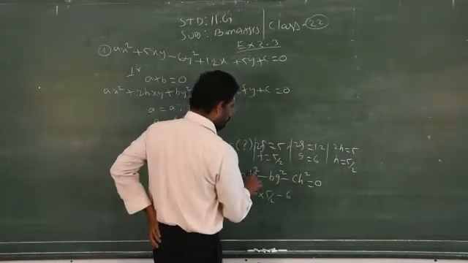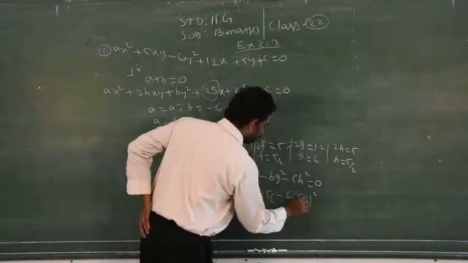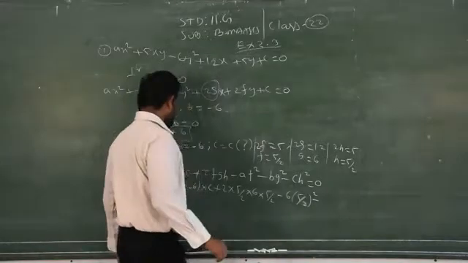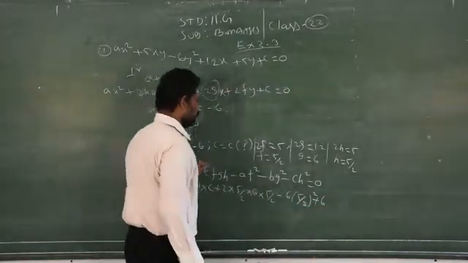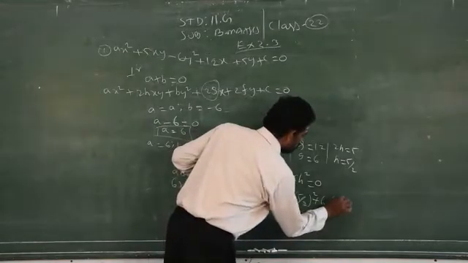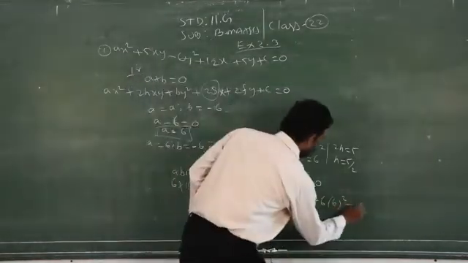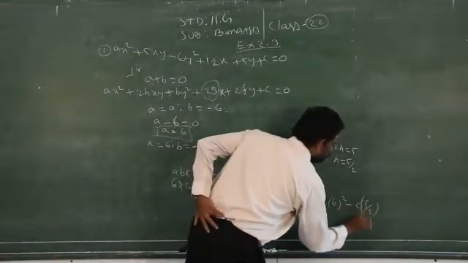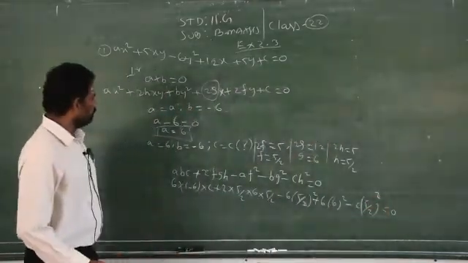F square is there. So 5 by 2 the whole square. Then minus, what is your B? Minus 6. So minus into minus plus G square, 6 square. Then minus C, I don't know. What is your H? 5 by 2 the whole square is equal to 0. So just you have to simplify now.